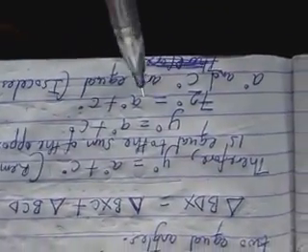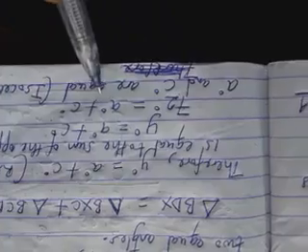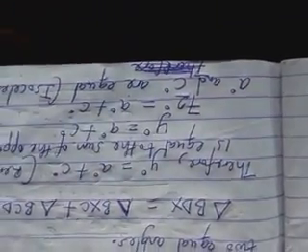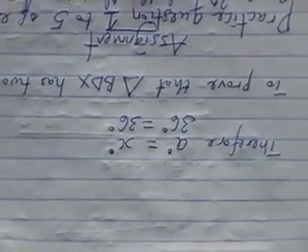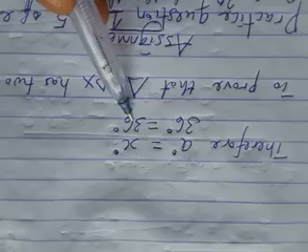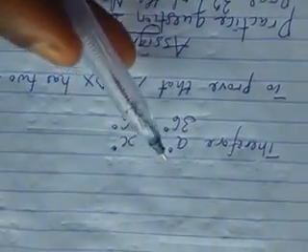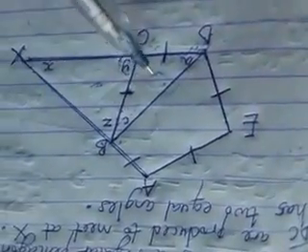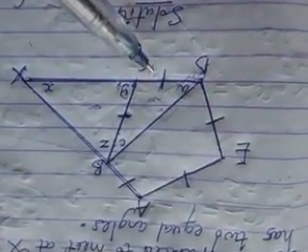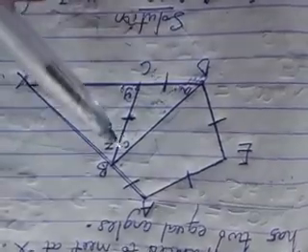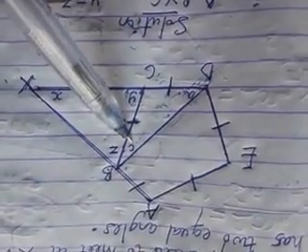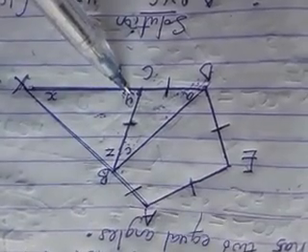Therefore, since a and c are equal, you just say 72 divided by 2. You get a or you get c. 72 divided by 2 is 36 degrees. Therefore, a and c are 36 degrees. Going back to the diagram, a is 36, c is 36, y is 72.